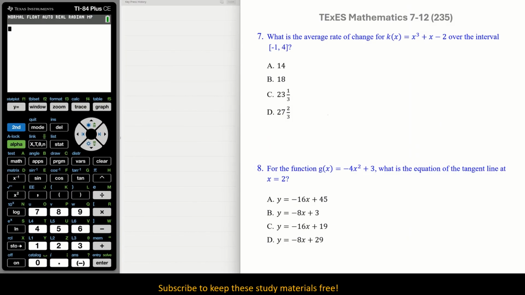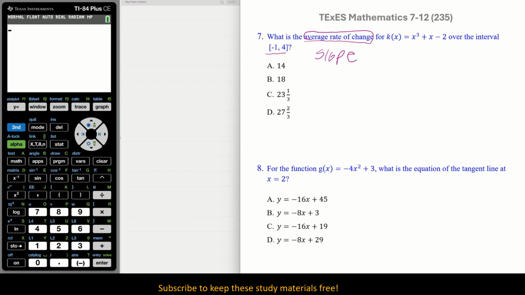Number 7, what is the average rate of change for k of x equals x to the third plus x minus 2? That is simply what is the slope, okay, over the interval -1 to 4.